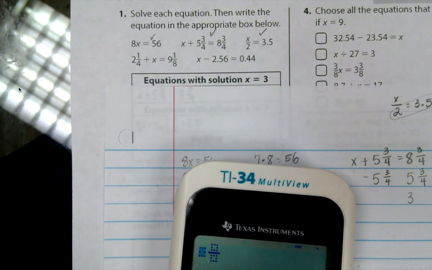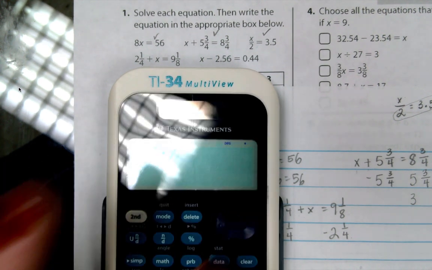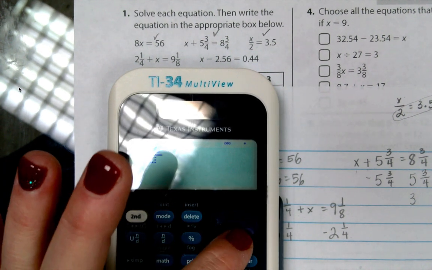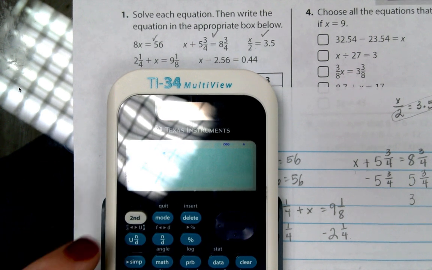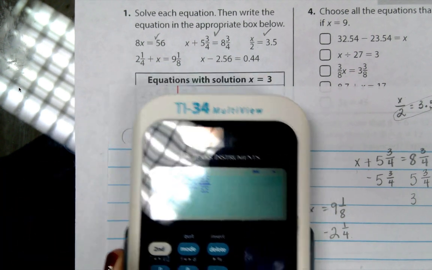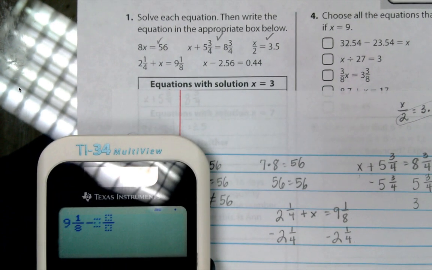It sets us up where I have a mixed number, and I'm going to type in 9, arrow over, and 1 down 8, minus another mixed number, 2 and 1/4.